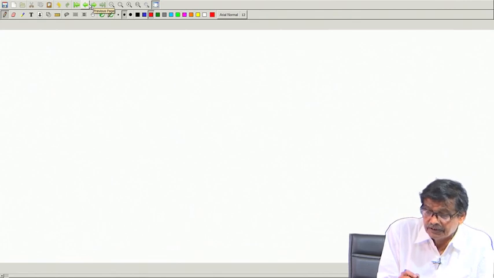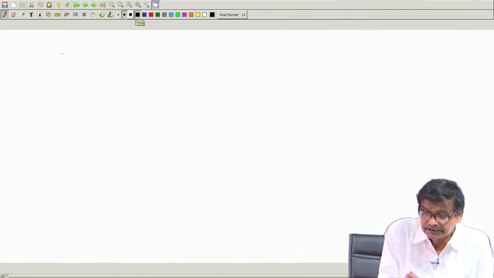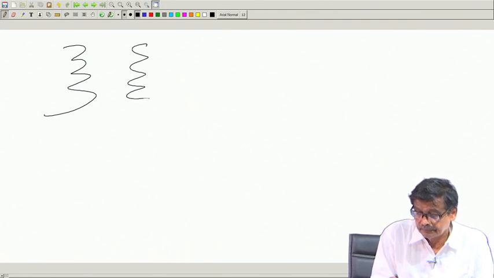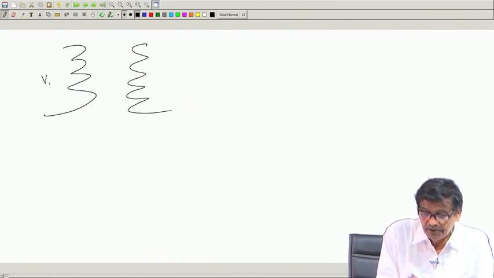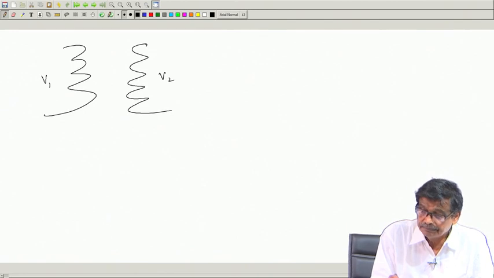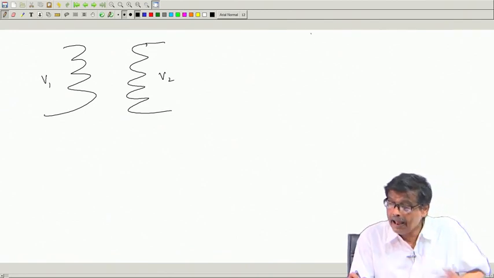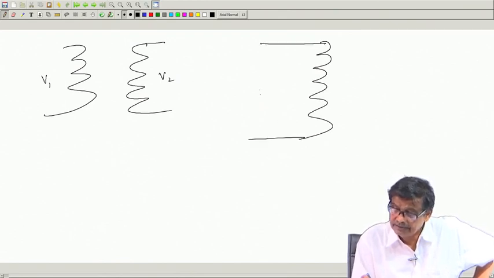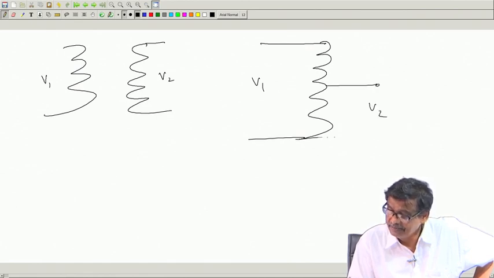Suppose you have a two winding transformer, where V1, V2 you are getting, and a similar rated AutoTransformer where V1 and V2 you are getting, that is fine.